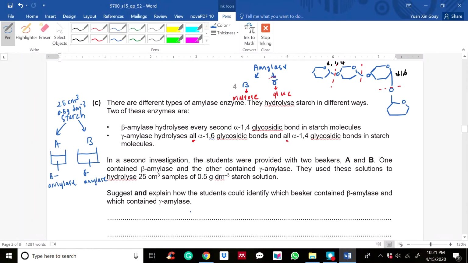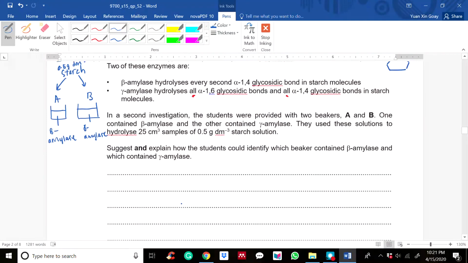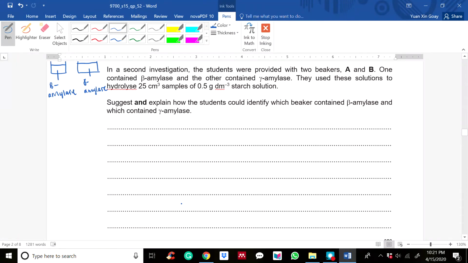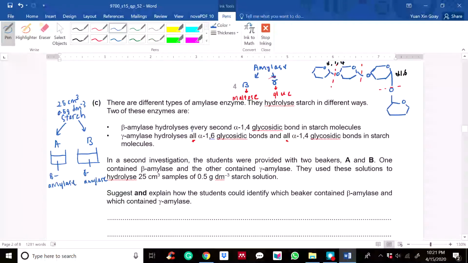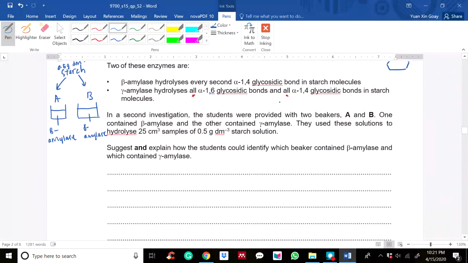Now suggest and explain how the students could identify which beaker contains beta amylase and which contains gamma amylase. They are producing different results. For beaker A, it is going to produce maltose. Beaker B, it is going to produce glucose. So you can just use a glucose detector.